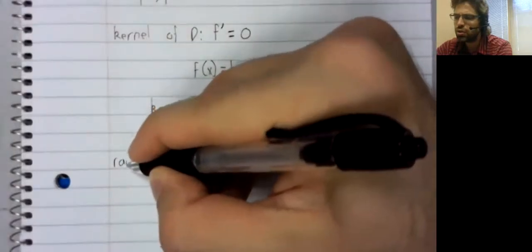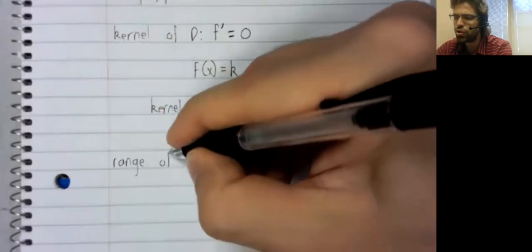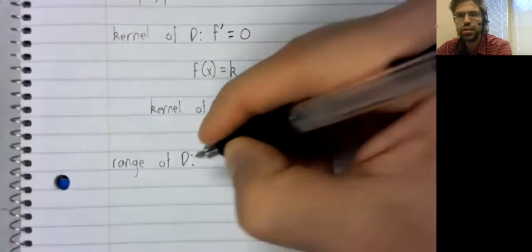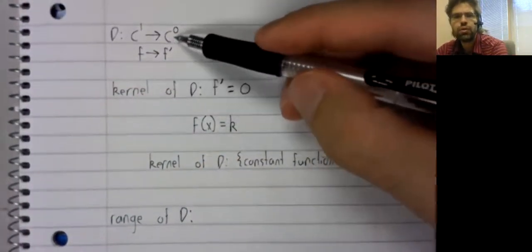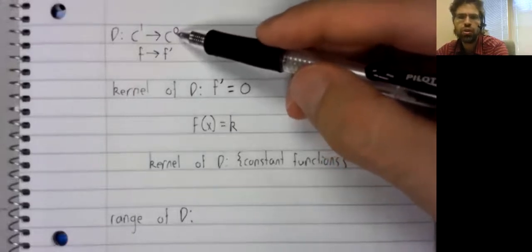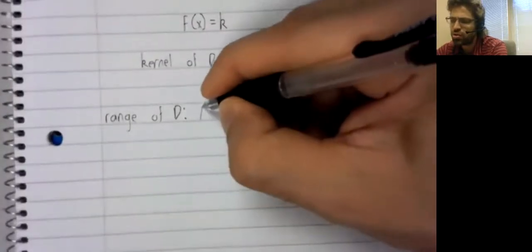What about the range of D? Well, the range turns out to be the codomain. It's all the continuous functions.